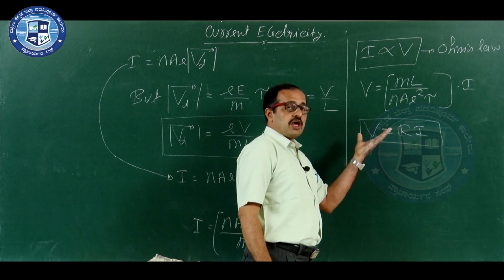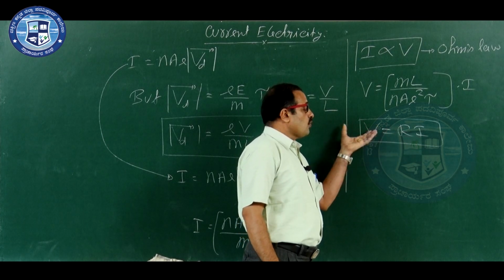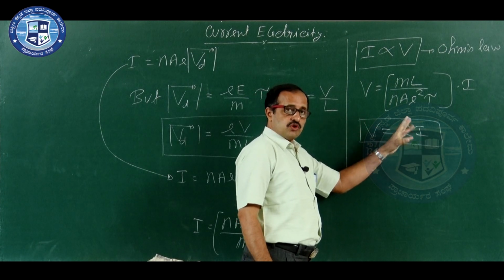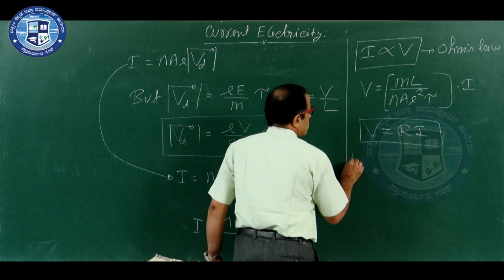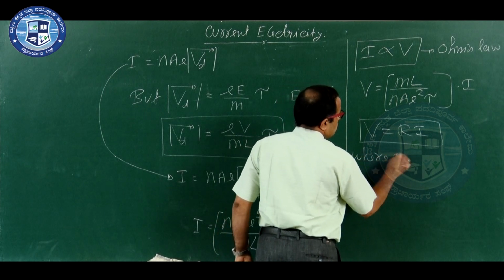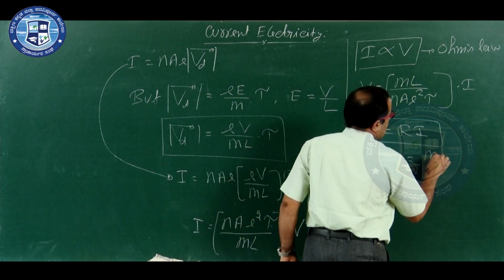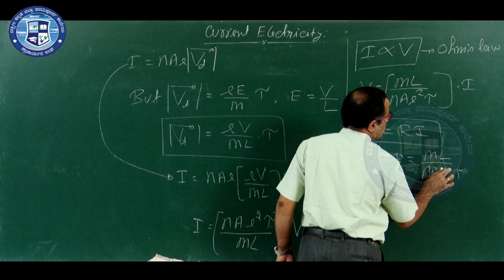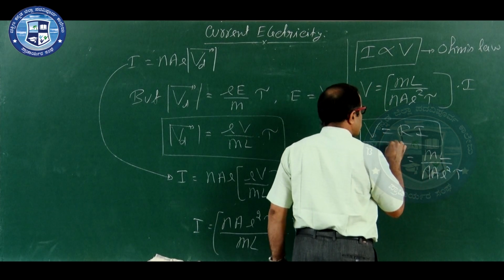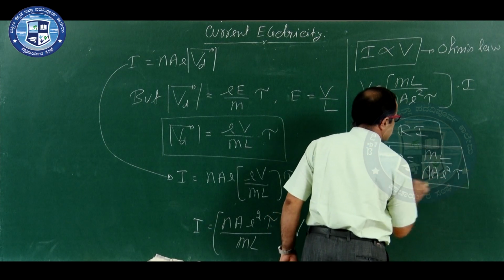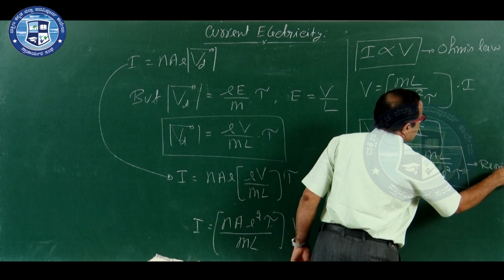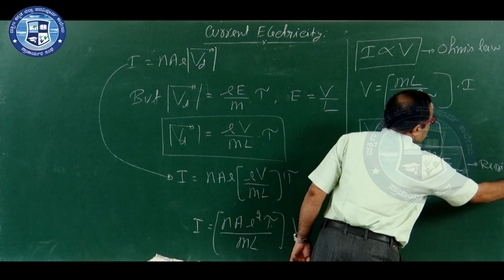Even in high school you studied this one. Ohm's law, mathematically we write it as V equal to I R or R I, both are same, where R equal to m L divided by n A e square tau is known as the electric resistance of the conductor.